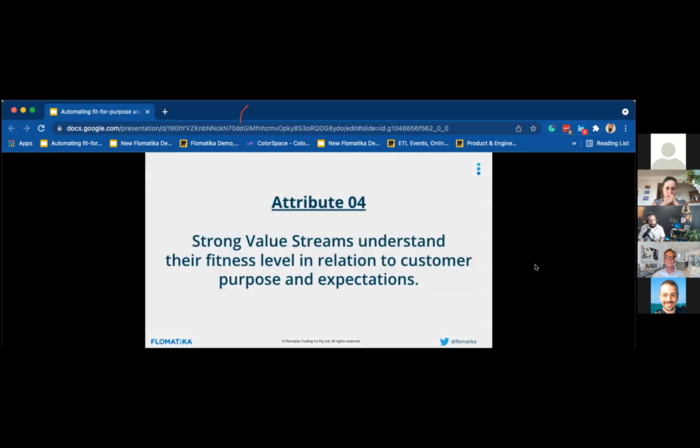All right, attribute 4 and the last one. Strong value streams understand the fitness level in relation to customer purpose and expectations. So you understand your customer, their motivations, their drivers, their purpose to consume your service. Now you need to understand how you're positioned against that expectation.